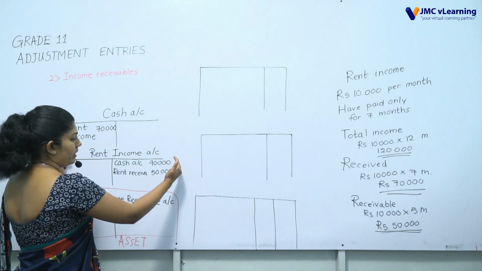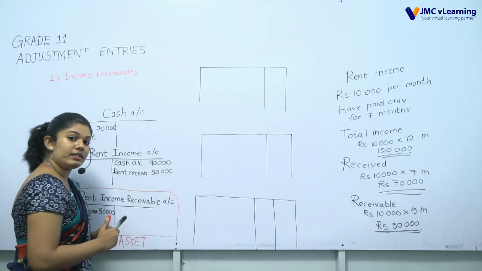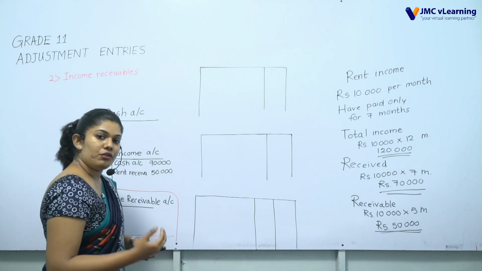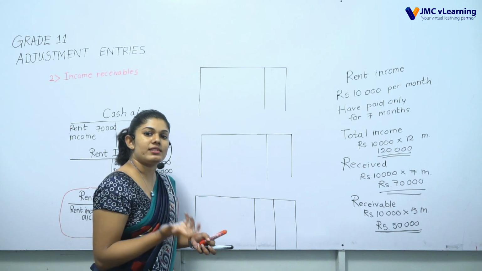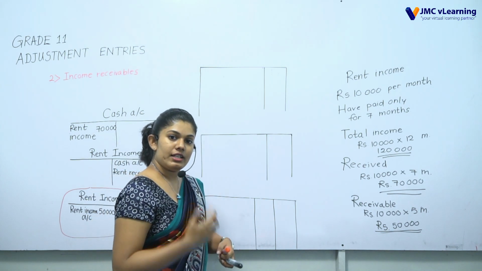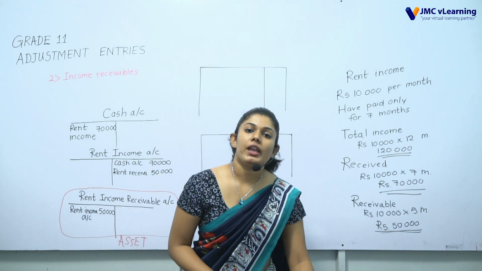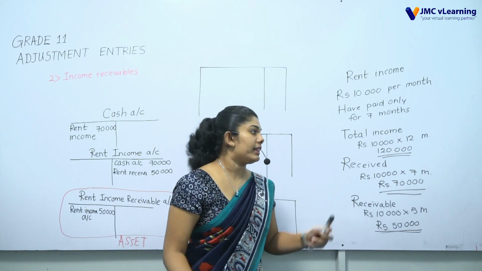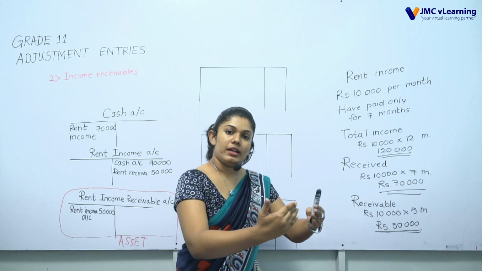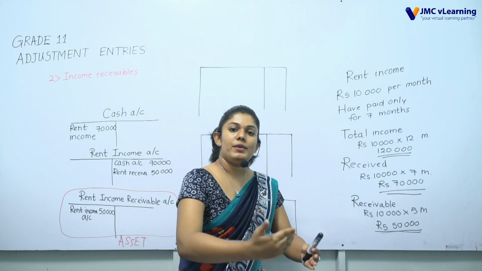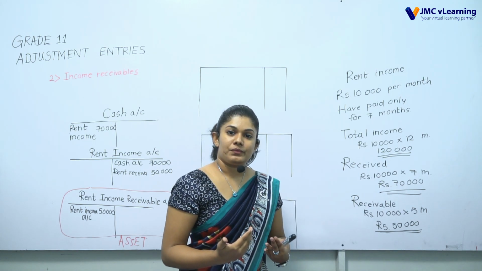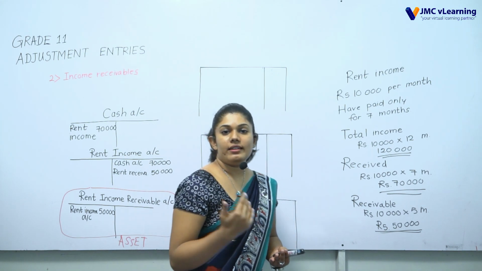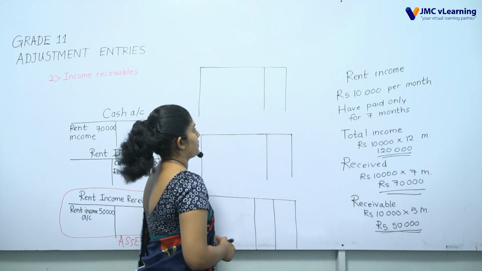This is an income account, and this is an asset account because we have to receive it. It's like a debt. They have to pay us. Just like the previous example, where we were liable to pay another party in accrued expenses, in this case an external party is liable to pay us. Therefore, it is an asset to the business.